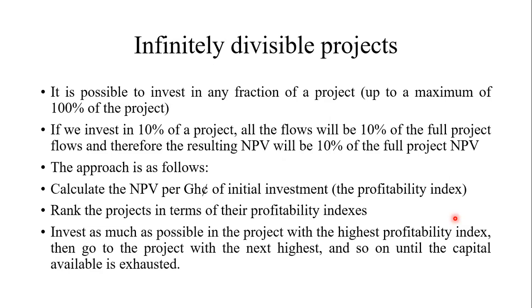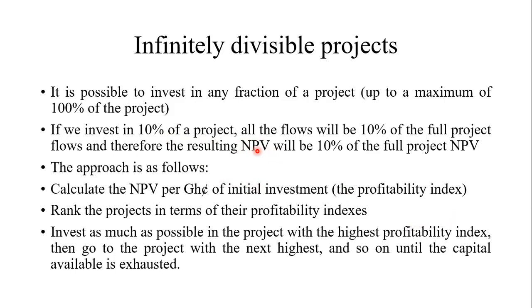Okay, so for instance, if we have only 10% to carry out the project, if the project is involving 100,000, and we only have 10,000, okay, that is 10% of 100,000. What it means is that if we're able to invest the 10%, the NPV from this project should be 10% of what the 100,000 would have given us.